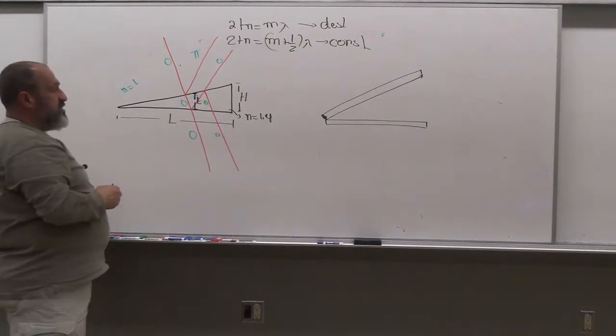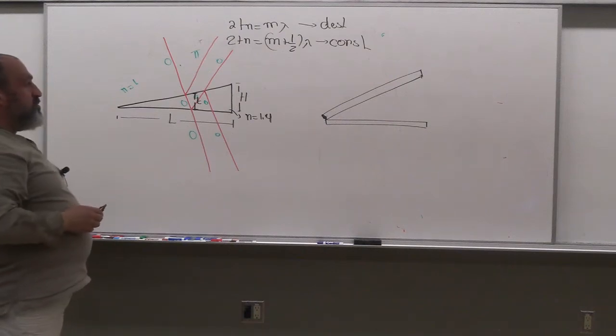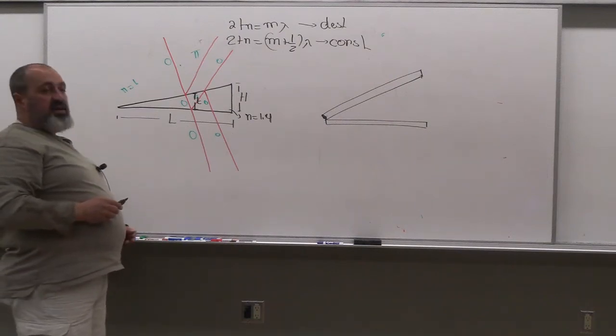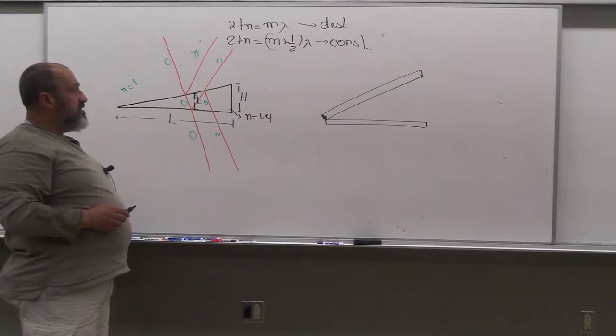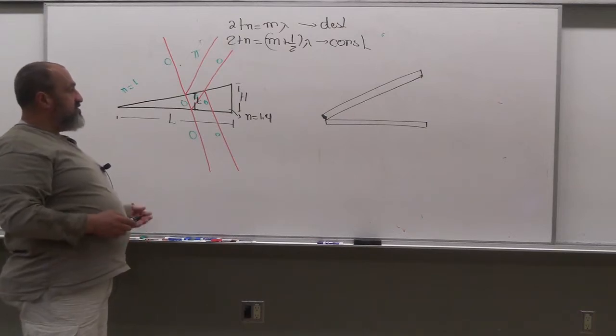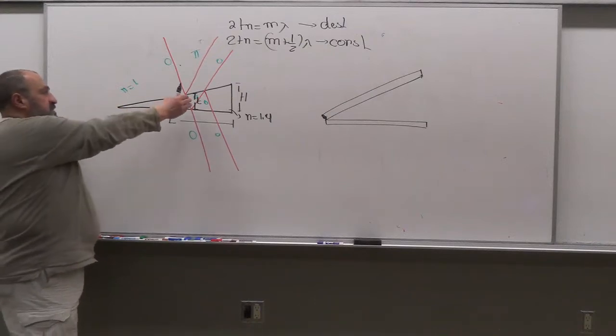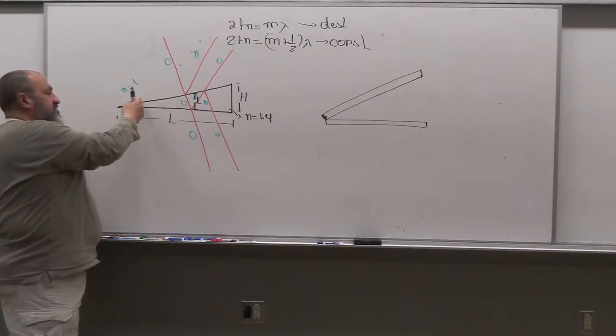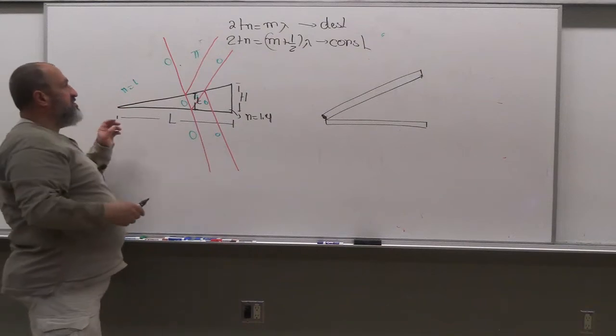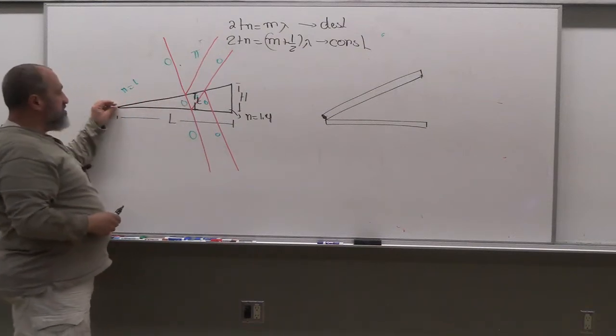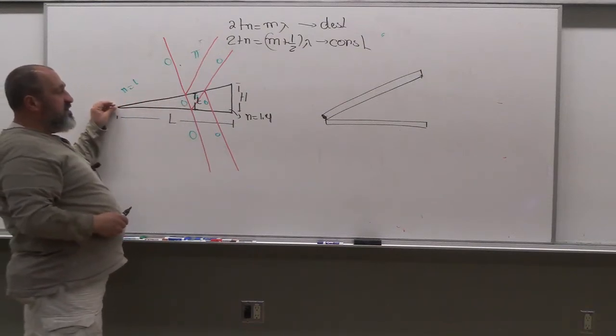And let's see how far we can take this. Basically here, the path difference between the beams, when you go closer to here, is going to get smaller, because what is the path difference? It's 2Tn. The closer we get to the corner, the smaller the path difference will be, right? Why?